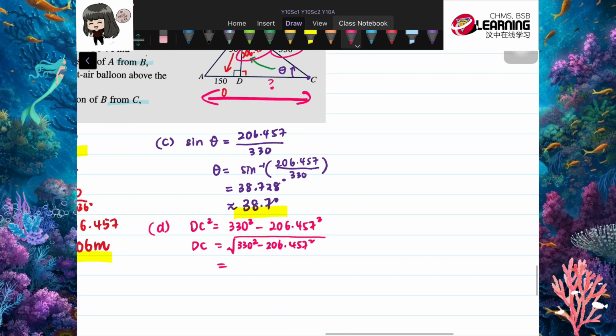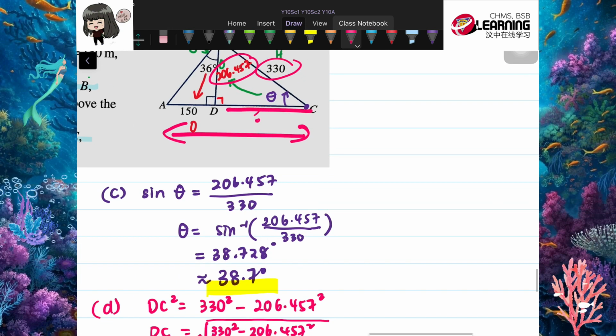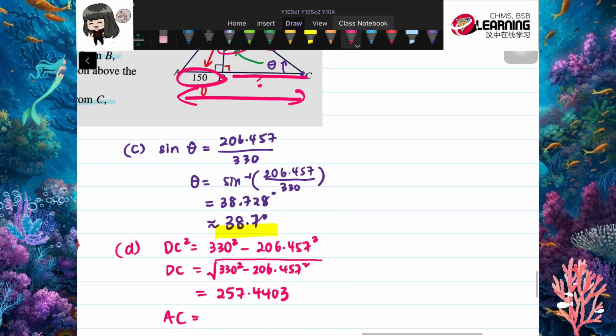So you find it out after round off is 2. Oh, this one I don't need to round off first because this is not the final answer that you want to find. Okay, so after I find my DC, to find AC it's easy, just plus 150. DC already there, plus 150 only.